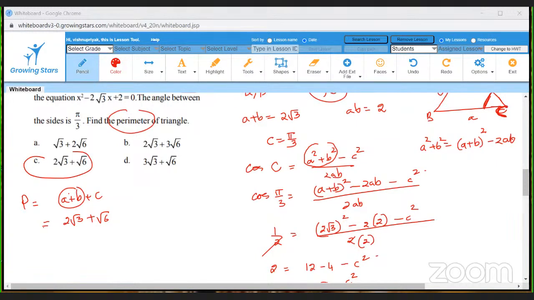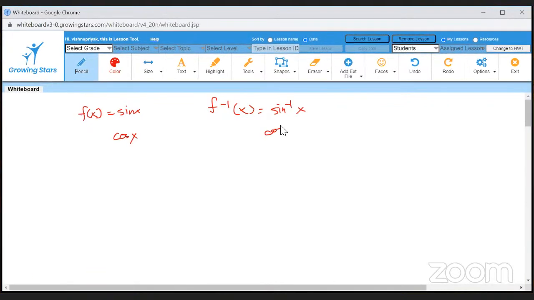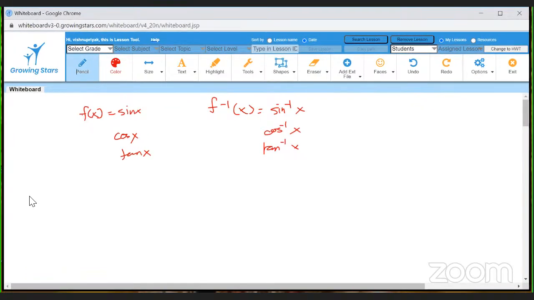Next, we are coming to inverse trigonometric functions, actually the name of the topic which we are supposed to do. For sine x, the inverse function is sine inverse x. Similarly, for cos x, cos inverse x. For tan x, tan inverse x, and so on.